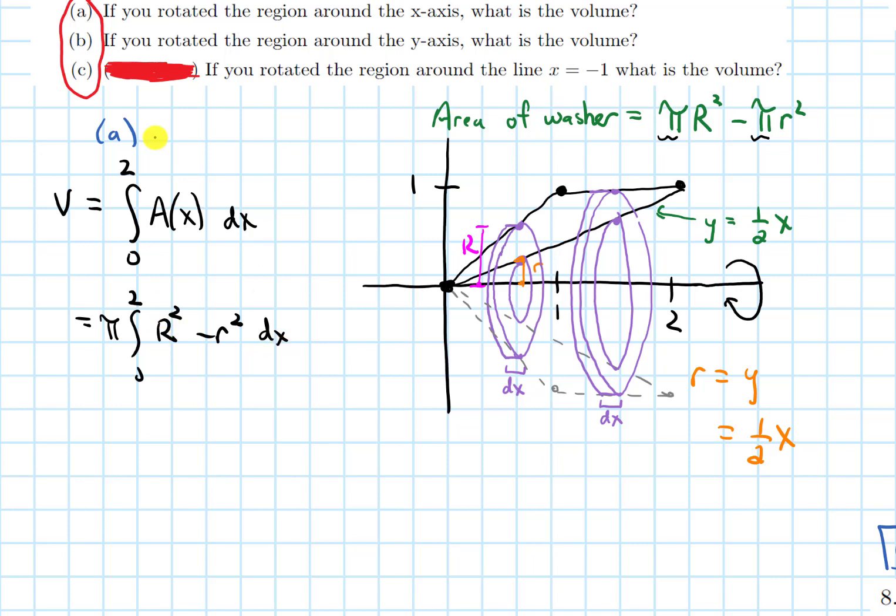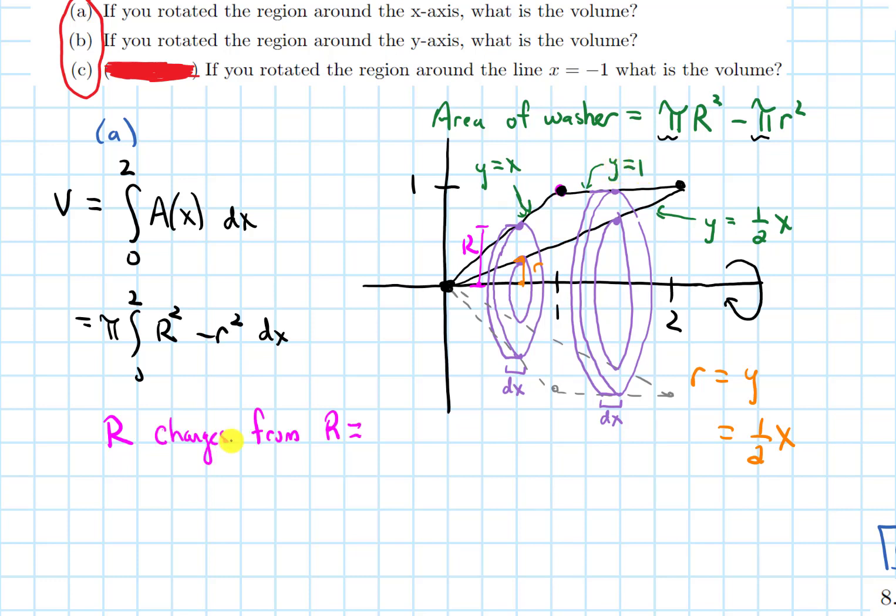Okay, so the issue is that big R changes. The curve that dictates what big R is changes, and it changes at this point. To the left of that point, big R is determined by this line, whose equation is y equals x, if we work it out. And to the right of that, it's dictated by this line, which is y equals 1.